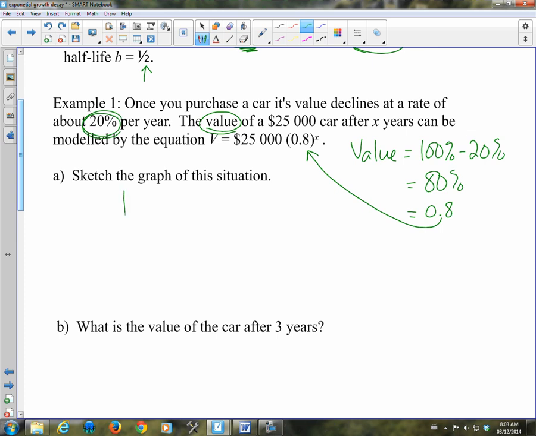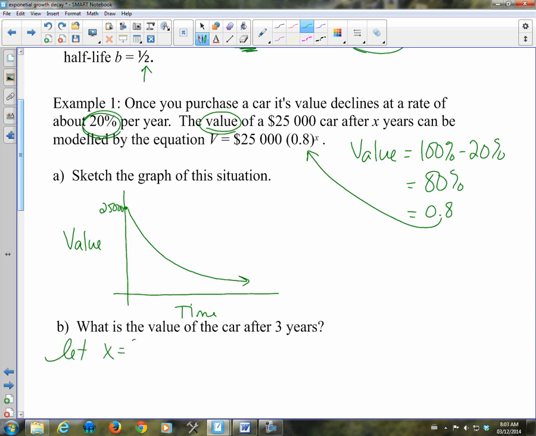So if I sketch a quick graph, I know it's decreasing. I'm going to start at 25,000 value, and over time, it's going to take on that exponential shape of decreasing. What is the value of the car after 3 years? Well, 3 years is your time. Take out the X and put in 3 and figure out our value. 25,000 times 0.8 to the exponent 3.